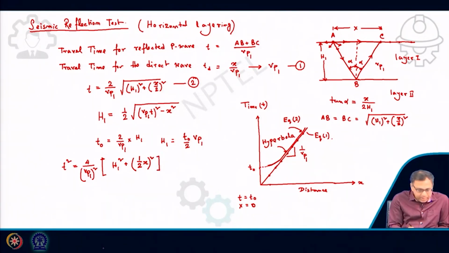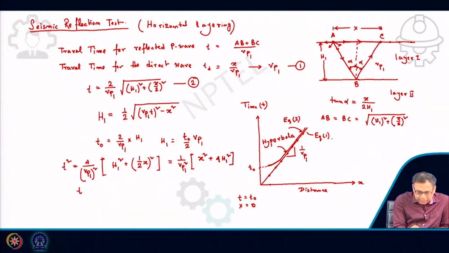And then if I further simplify it, I will get T square equals x square by Vp1 square plus 4 by Vp1 square into H1 square.